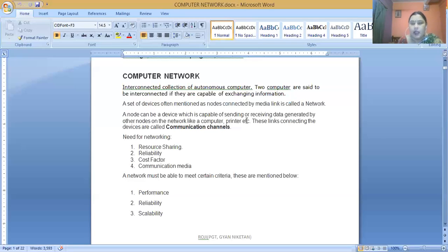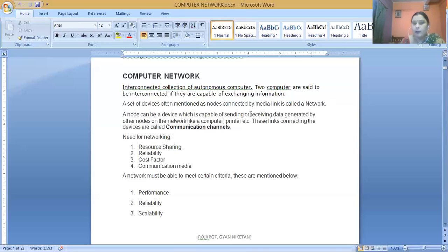Then why do we connect the computers? What is the need of computer networking? Means, when a set of devices is connected by a communication medium, then it is called a network.